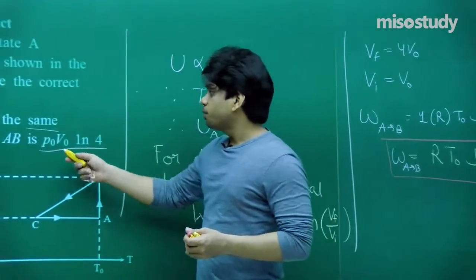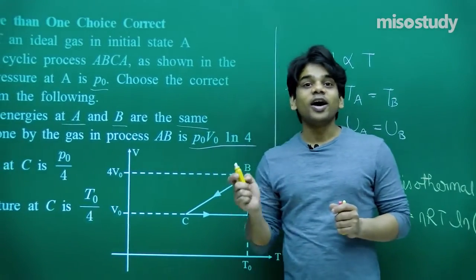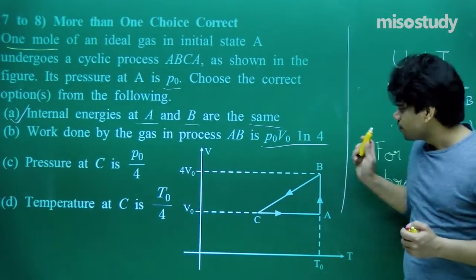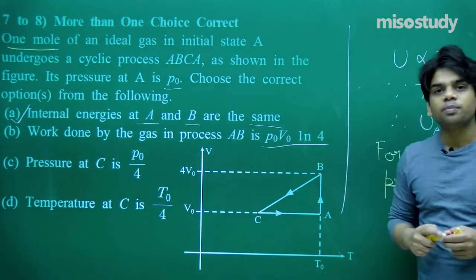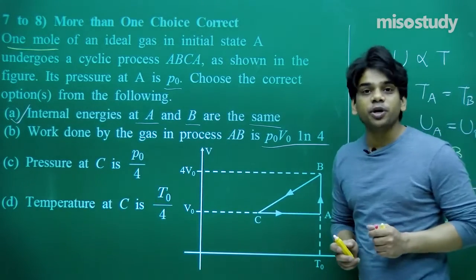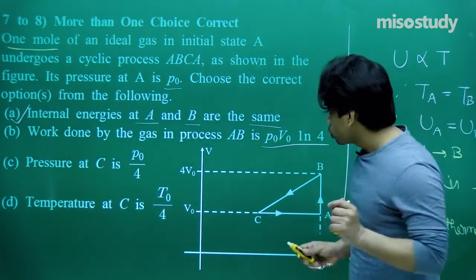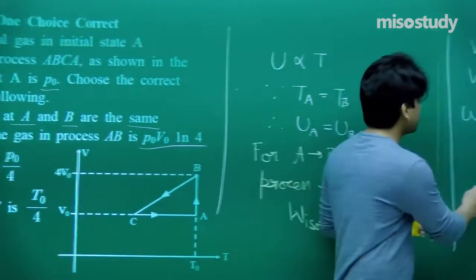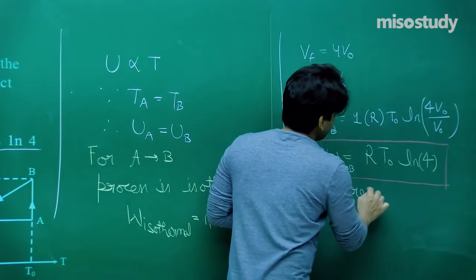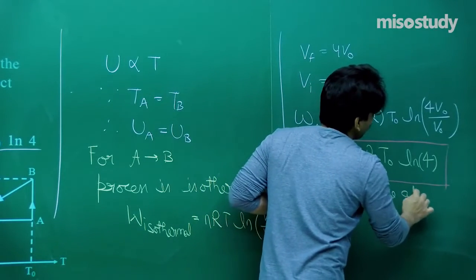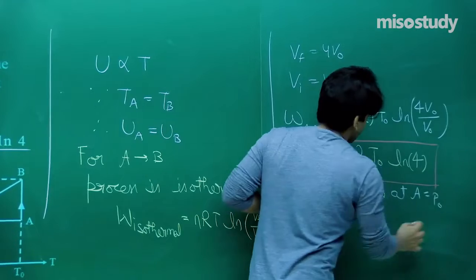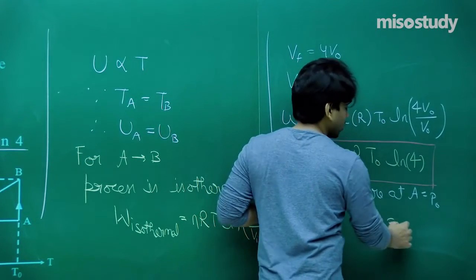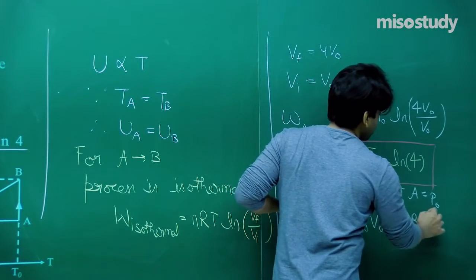Now RT is given as P0 V0, since nRT is equal to PV. The pressure at A is P0 and the volume is also V0, so we can write P0 V0 is equal to nRT, that is 1 R T0.